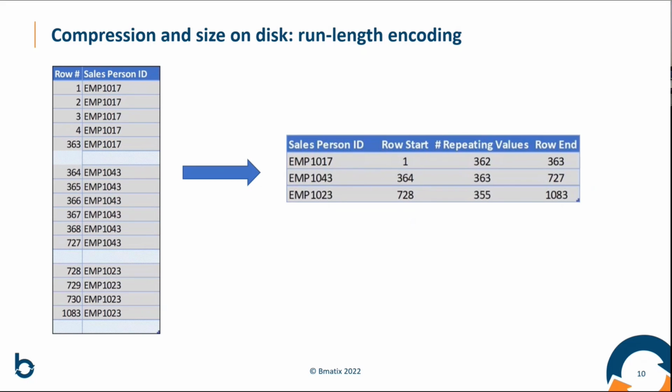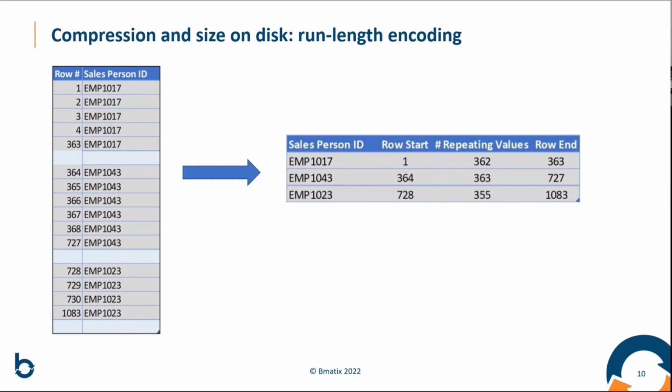You see 1, 2, 3, all the way up until 363 contain the salesperson ID employee 1017. So it's from 1 to 363 all the way across all these rows. It's the same value, employee 1017, and the same thing goes for the next value.